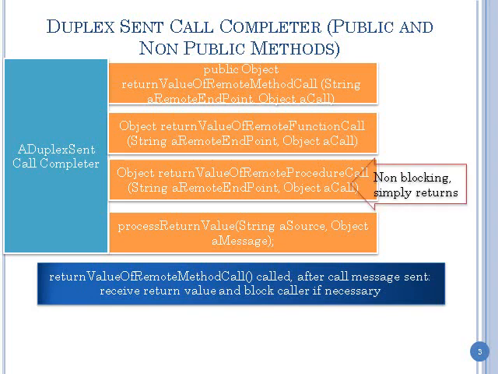So the remote procedure call is non-blocking and simply returns in the current implementation, and this one blocks for a return value. Your implementation in the second part will make it block, but return just null.